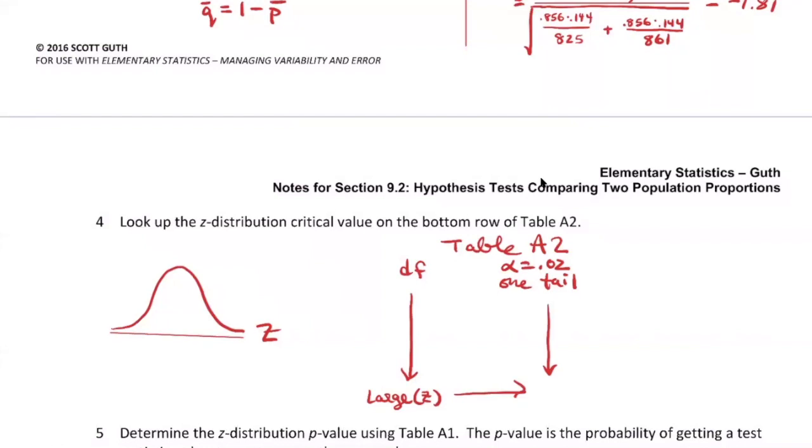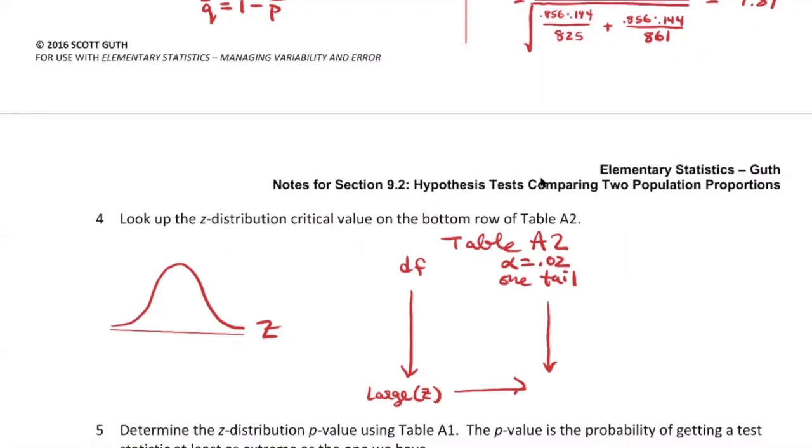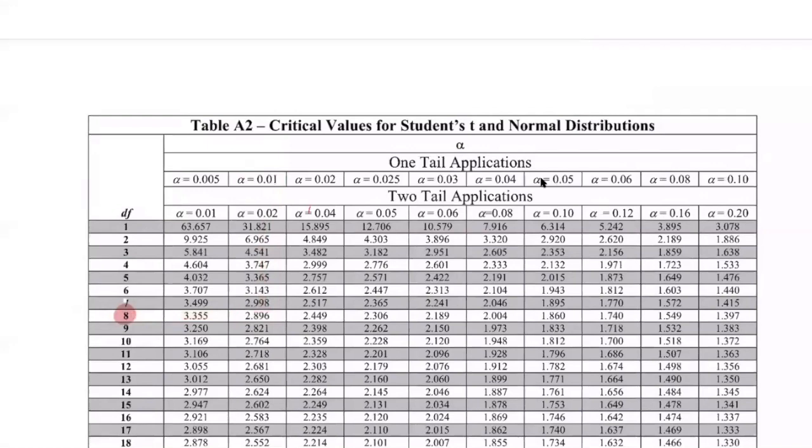Okay, so take a look at that. 0.02, one tail. Bottom row of the table where the z-scores are. See if we can get that real quick. One tail, 0.02.